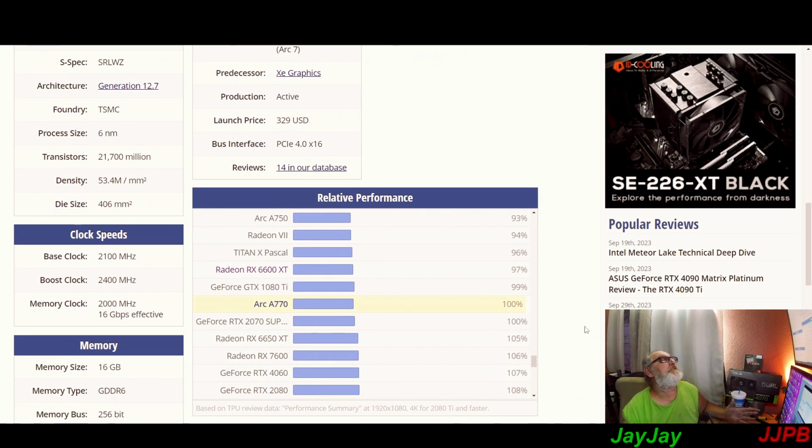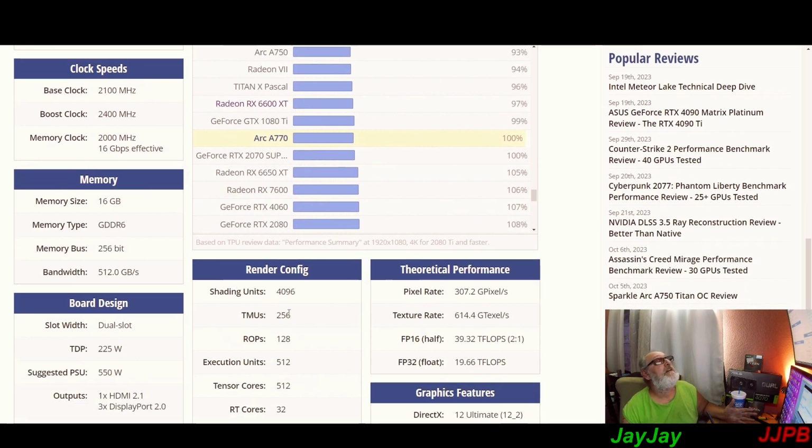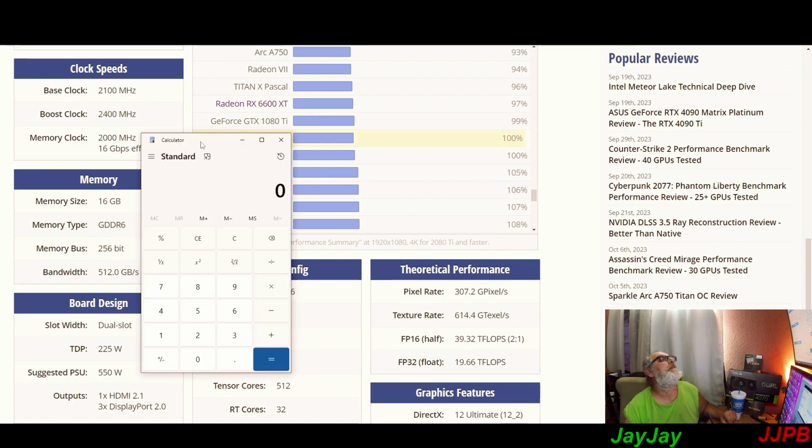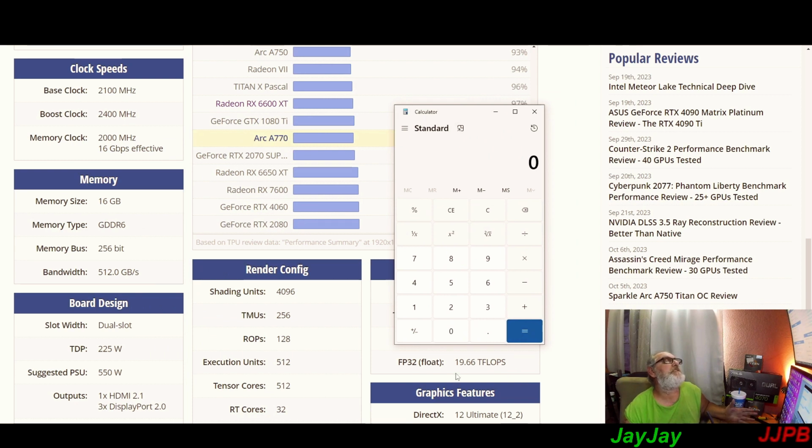But I mean, if you took two of these cards right here, and just say, I'm going to crack out the calculator real quick. Let's say if you took two of these cards just to equal out to $600. So if you took the shading units, 4096, and multiplied by 2, that would give you 8,192.